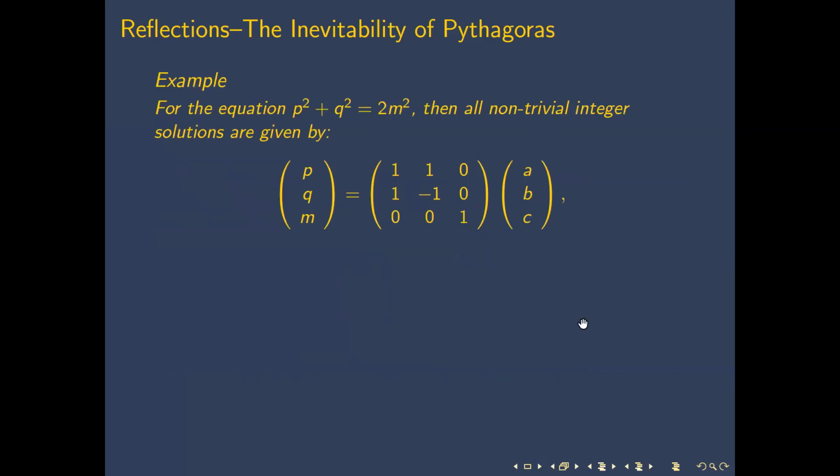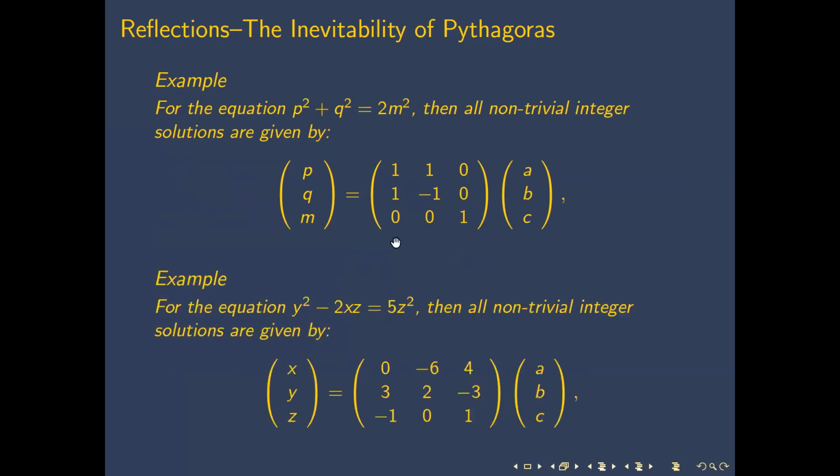And so, for example, we did p squared plus q squared is 2m squared. We got a plus b was p, a minus b was q, c was m. Just for another example, I pulled out a random parabola if you want to check it. The integer solutions to that parabola equation are given by that one.